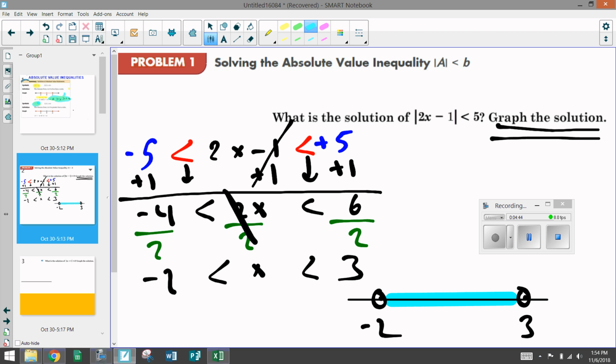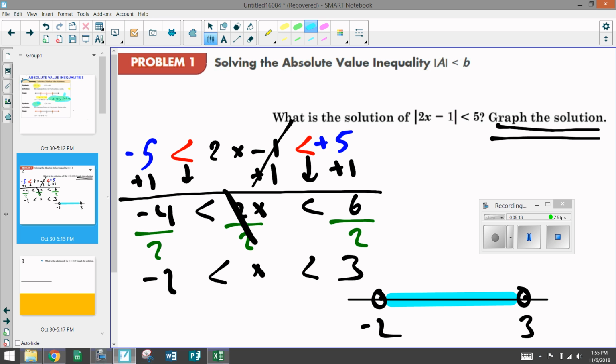Now let's close this one. What do you read? X is less than 3. So is that right? Less than 3, greater than -2. That's why we shade in between.